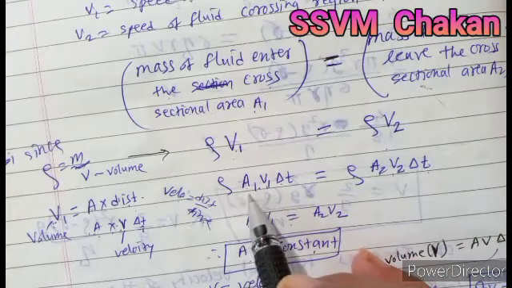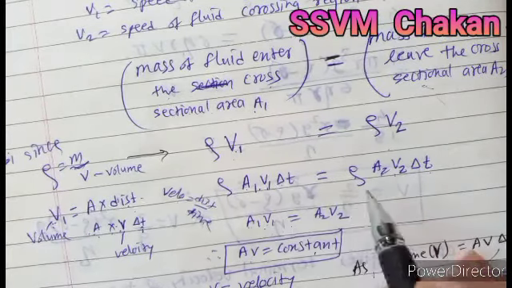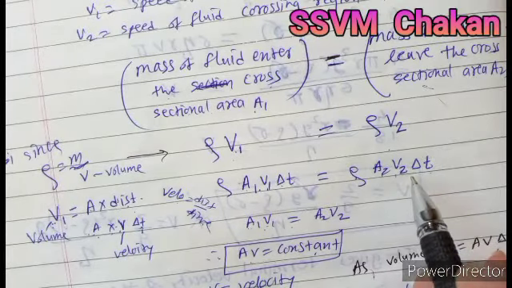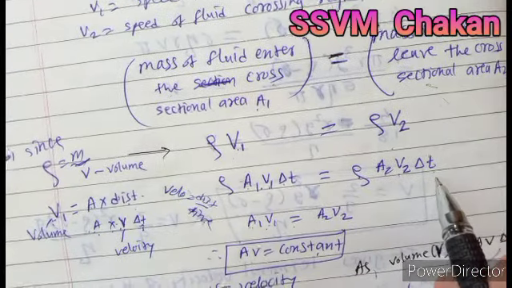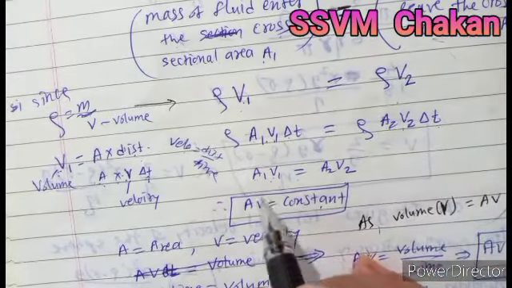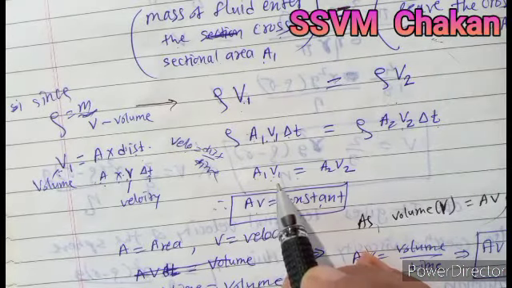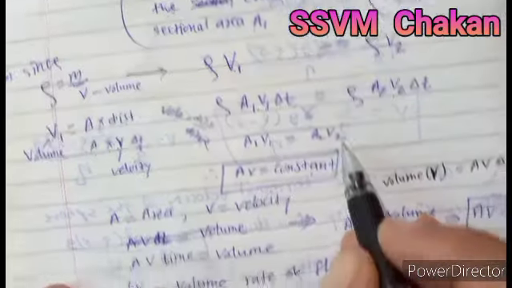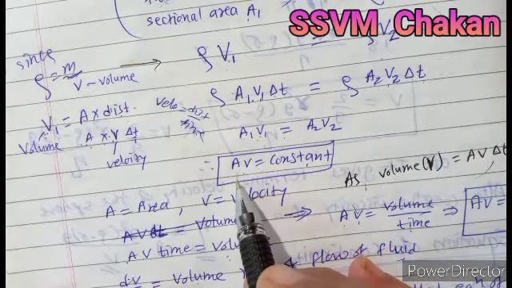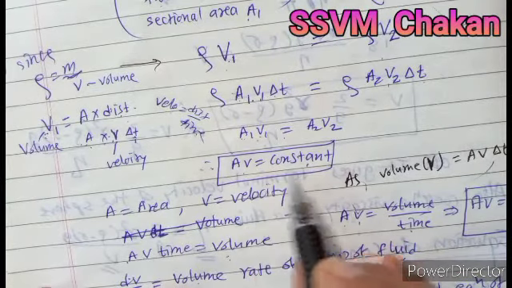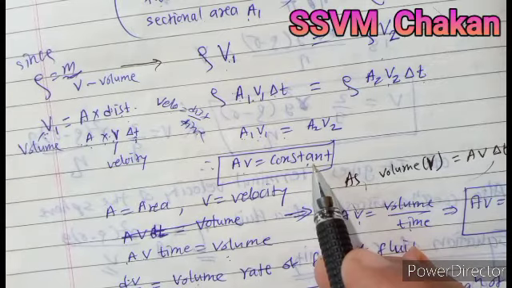So rho A1 v1 delta t is equal to rho A2 v2 delta t. Cancel the terms which are possible, then we get A1 v1 is equal to A2 v2, which indicates that area into velocity remains constant.